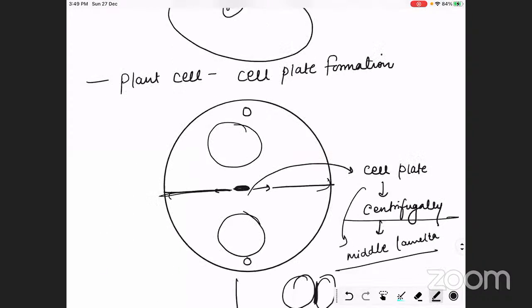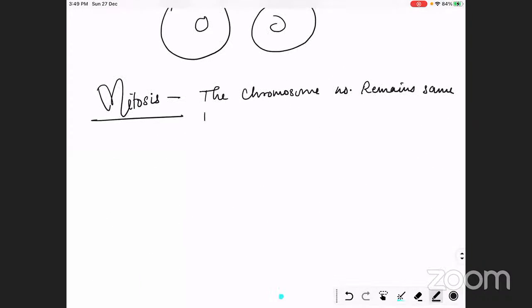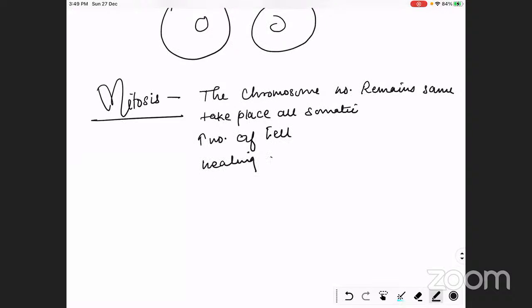Basically, mitosis takes place in all somatic cells, body cells. It increases the number of cells, and takes part in the healing of wounds. Any wound is healed by mitotic division, because it is the only cell division which increases the number of cells.